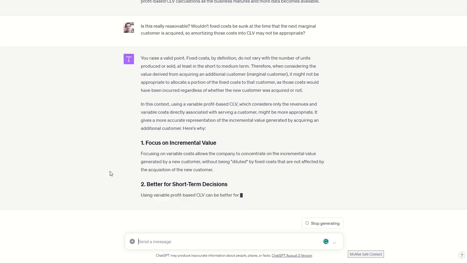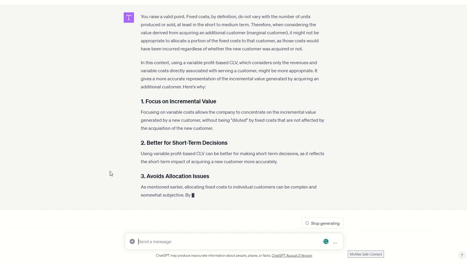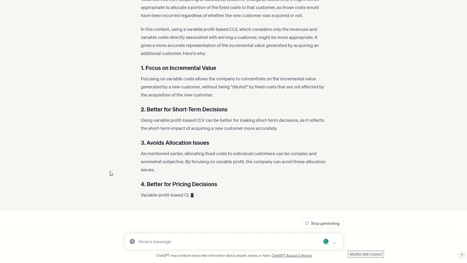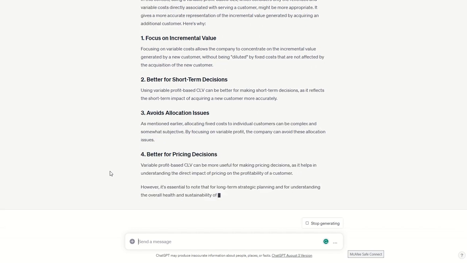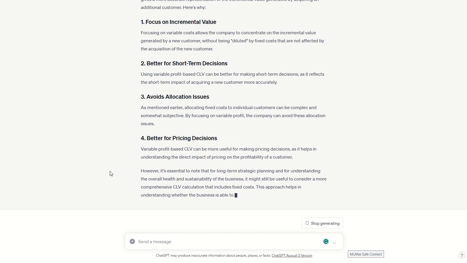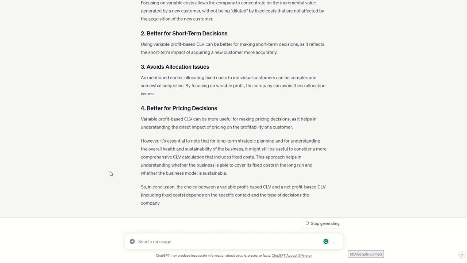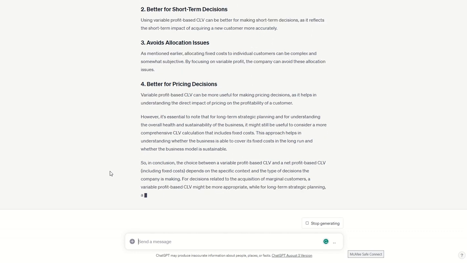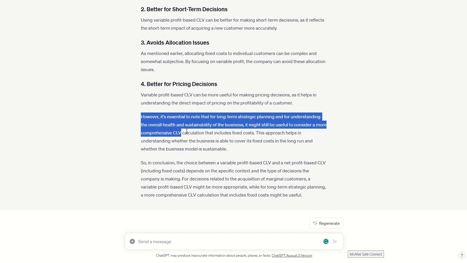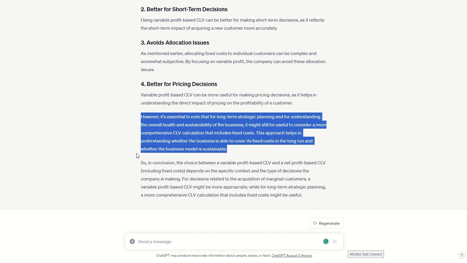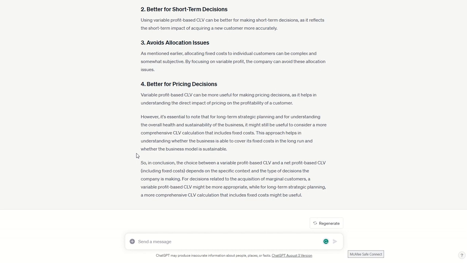I love how quickly GPT will change its tune. This is somewhat reasonable, but again, the way that I would account for fixed costs in some sense is through thinking about the volume of customers that are able to be acquired, which is in some sense a very different way of going about incorporating fixed costs.